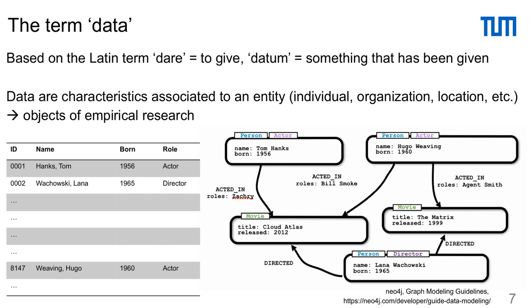This entity can be an individual, an organization, a location, anything that can be a data object in the end. But data describing entities of the real world are in the end the objects of our empirical research.